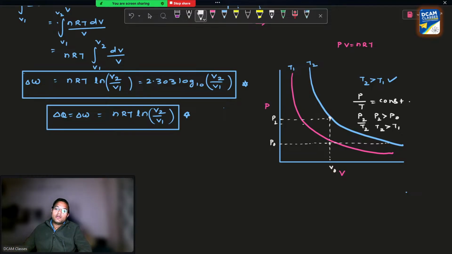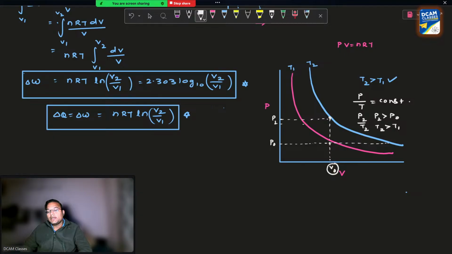I'm fixing the volume. To analyze it properly, you just fix the volume at one place. See, at the same volume, you are getting two pressure values, one for the lower graph, one for the upper graph. When we fix the volume, that means we have made volume constant, so P by T should be equal to constant.